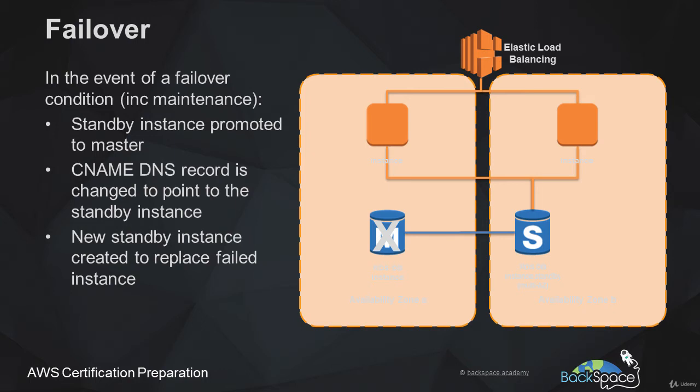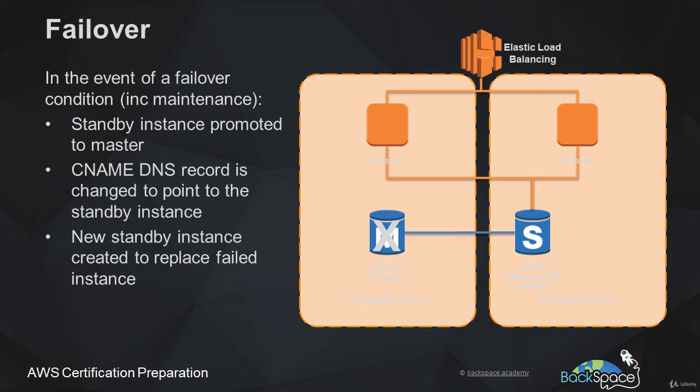And to enable the routing of traffic through to that new master database, the CNAME record is changed to point to the promoted standby instance. So that enables a very quick changeover from one to the other. It's done completely with DNS records to swap traffic over from one to the other.